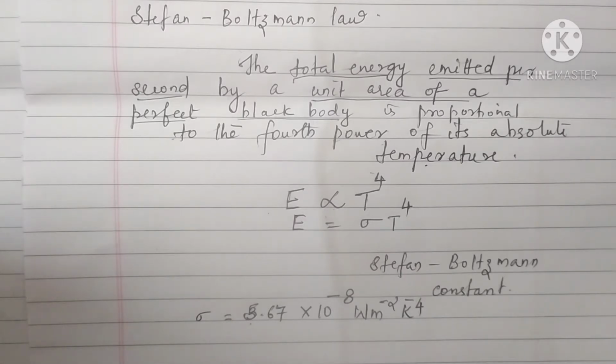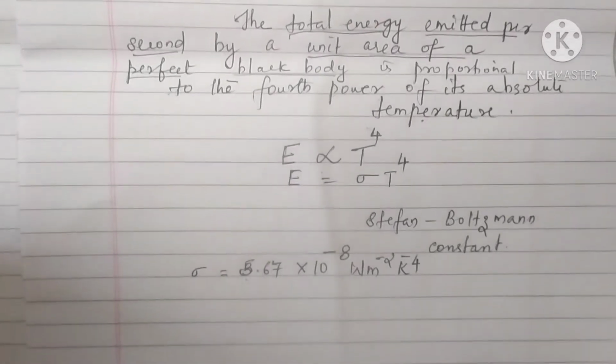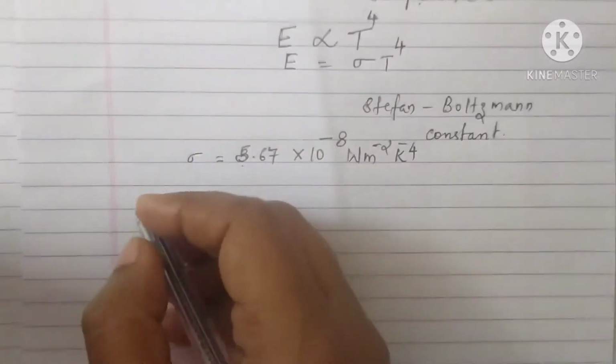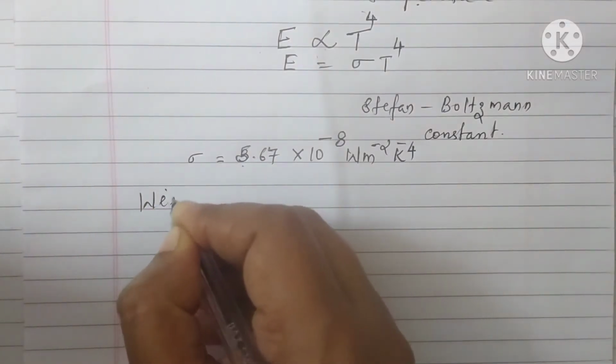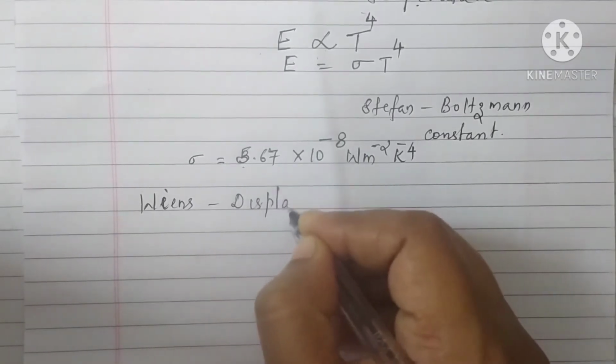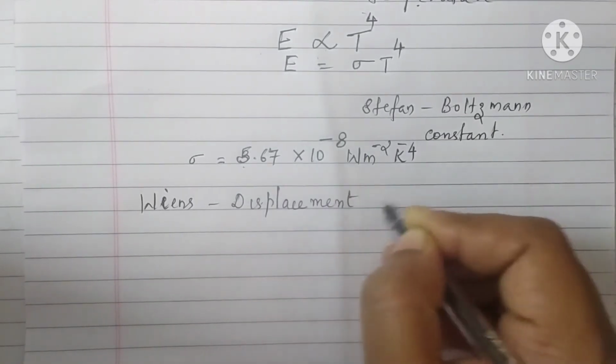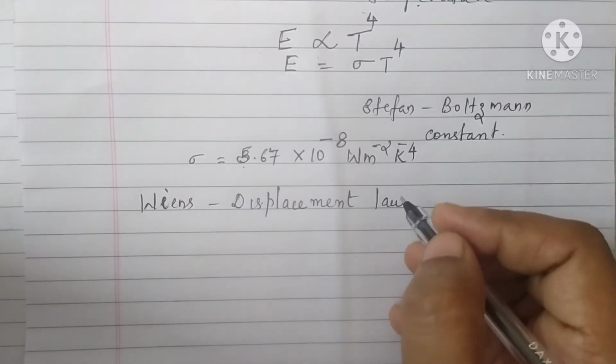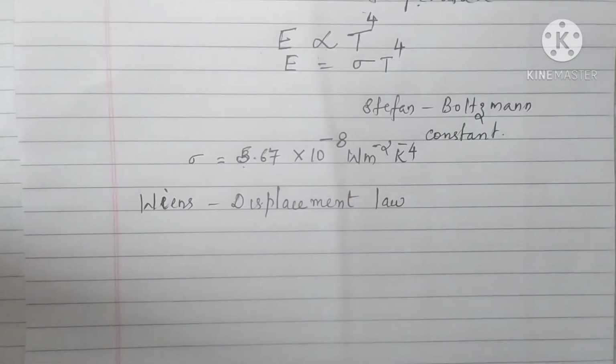Clear? Now we will move to the second law, again another important law, that is Wien's displacement law. This law states that the wavelength corresponding to which the energy emitted by a black body is maximum is inversely proportional to its absolute temperature.